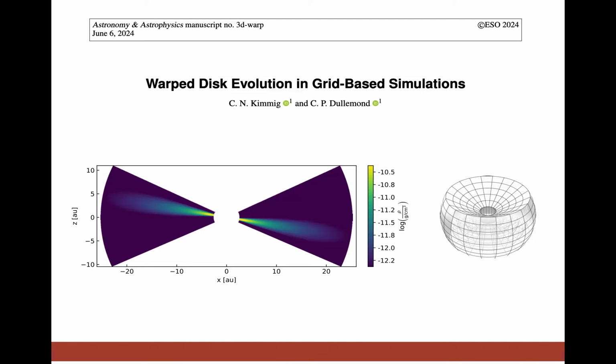So they start with a flat disk, not warped, but just misaligned with respect to the grid. This is the grid, spherical. You chop off the top and bottom bits. And this is a flat, smooth disk. Nothing should happen. Any alignment that happens is completely numerical. It's not physical at all because it's just a flat disk. Nothing happens. And so they run that test, and what they see.